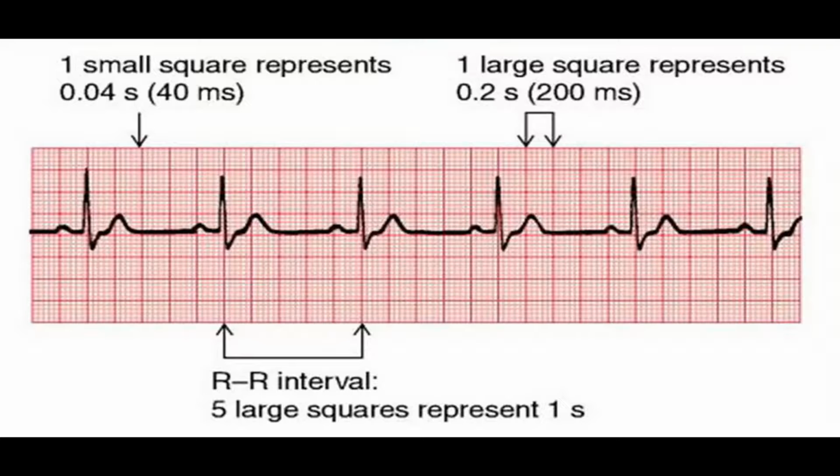The total QRS duration should not exceed 3 small squares, that is 0.12 seconds, and if it is more than 3 small squares or 0.12 seconds, then it means the QRS is wide, and we call it wide QRS. There are different causes why QRS can be wide. There could be a bundle branch block, left or right bundle branch block, or the impulse might have originated from the ventricles, so then it is a wide QRS complex.